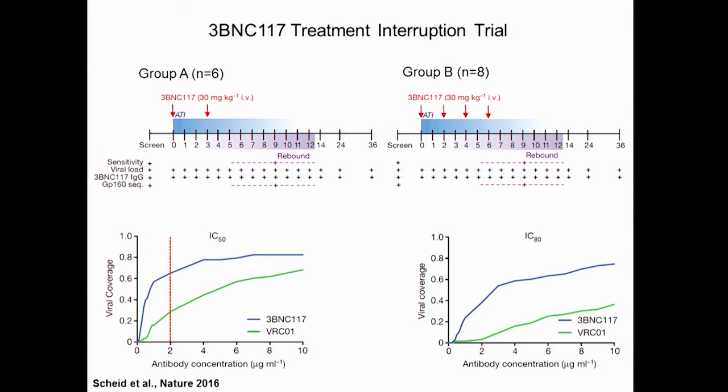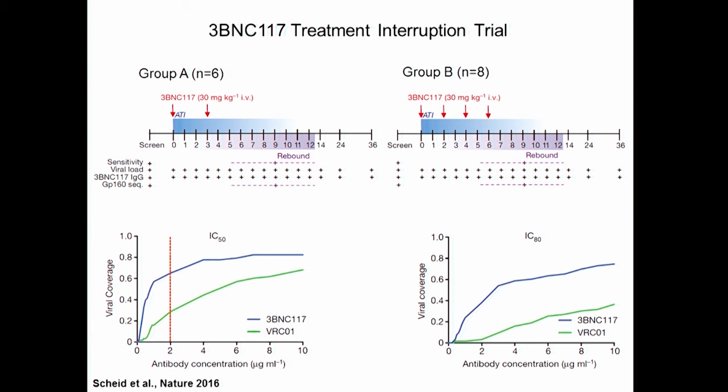So this is the trial that I'm going to talk about today a little bit. It's a treatment interruption trial with a single antibody, with 3bNC117. In this trial, we started off with recruiting patients who are on ART, have fully suppressed viral loads for at least 12 months.